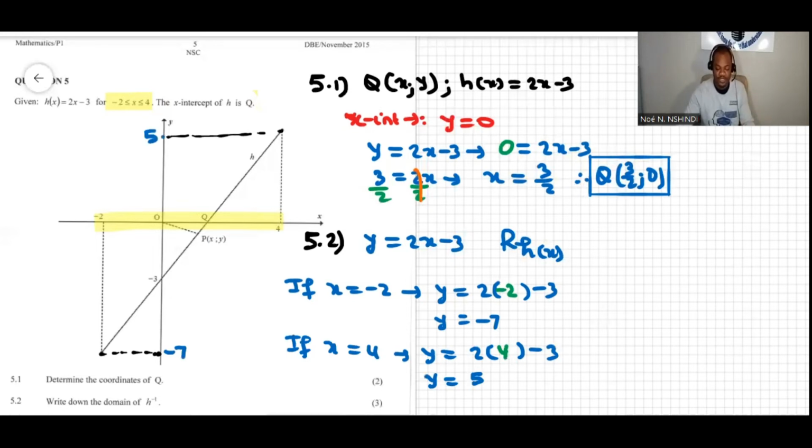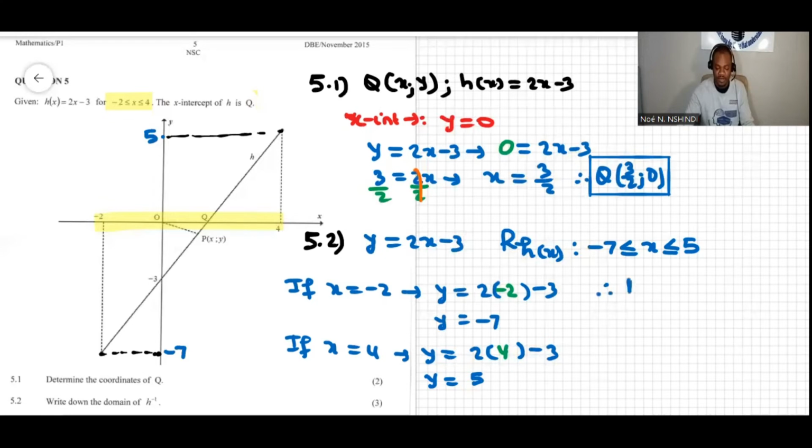So the range of h of x will be -7 less than or equal to y less than or equal to 5. The range of h of x is equivalent to the domain of h minus 1 of x.